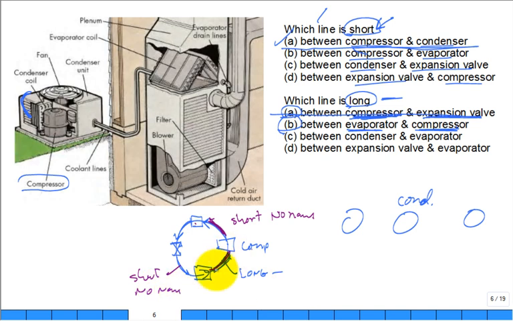The long one going all the way from the inside to the outside of the house, that's long, that's the suction. And this one is long, and it goes from the outside to the inside. What's the name of that long line? Liquid line, right? Okay.